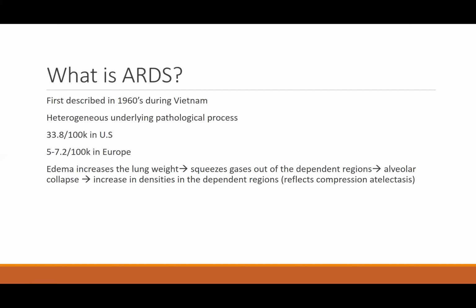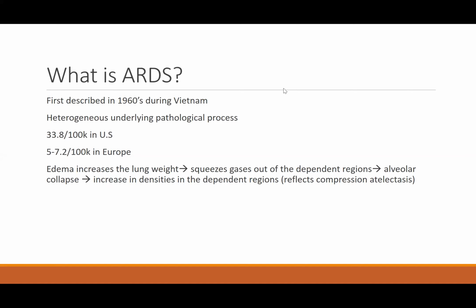Now, when we have alveolar collapse, we're going to end up with an increase in densities in these dependent regions of the lungs. So what that in theory looks like is that instead of really nice homogeneous lungs, which is really what we're going for, we end up with this heterogeneous process.